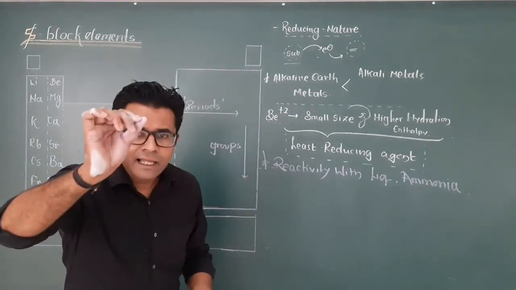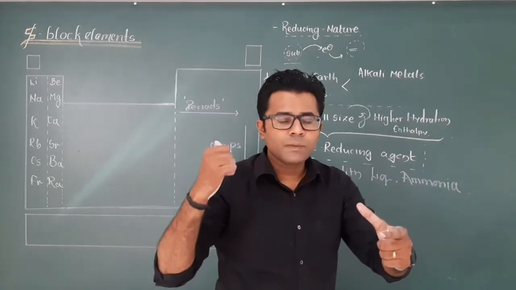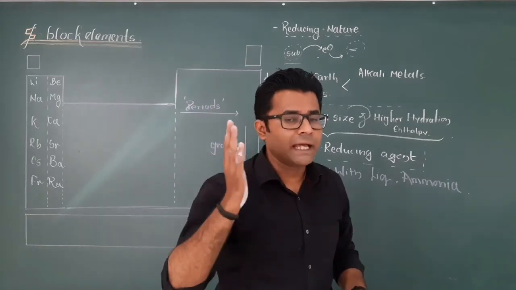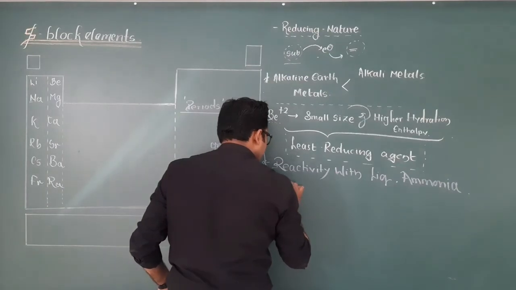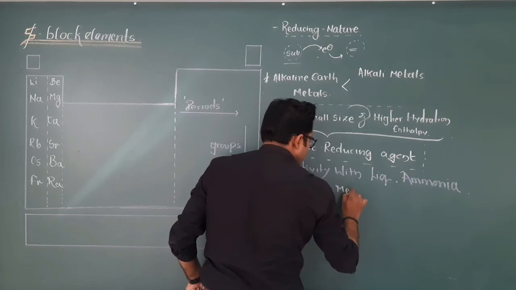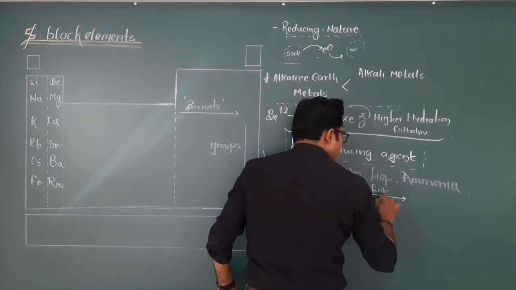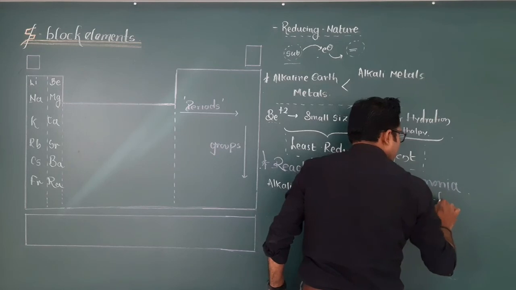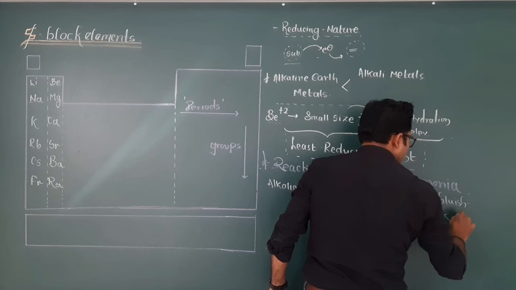When we take an alkaline earth metal, just like alkali metals, and drop it in ammonia, it develops a dark or deep bluish black solution. So when we subject an alkaline earth metal to liquid ammonia, it develops a deep bluish black color.